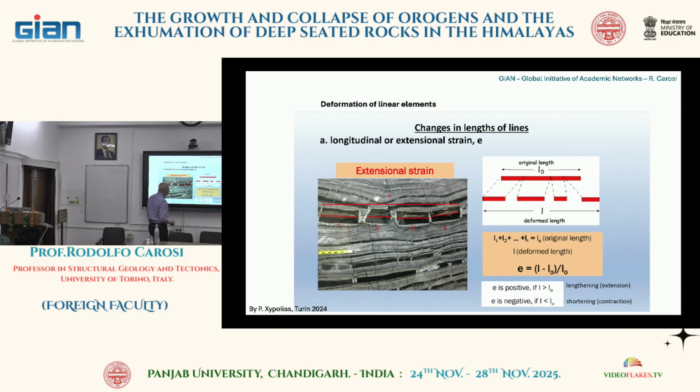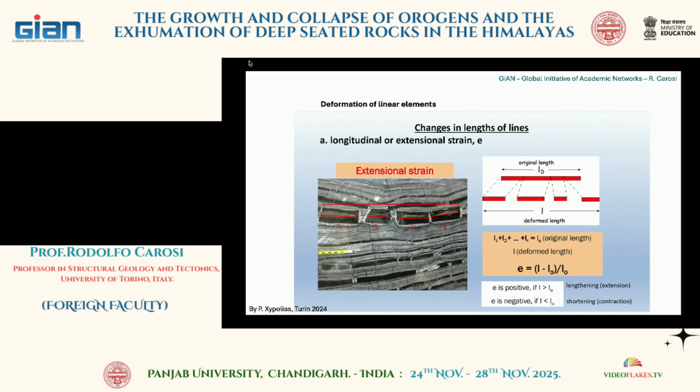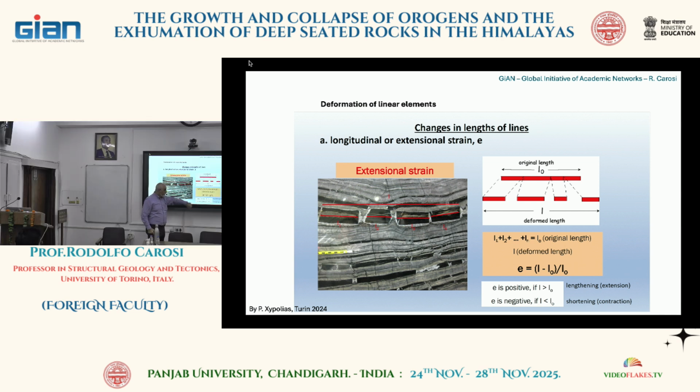In this way, we can calculate the extension suffered by this line. If we are in the case of extension, e is positive. If we are in contraction, in shortening, if you are measuring the deformation along a fold, e is below zero, is negative, because you have contraction. The final length is less than the initial length.